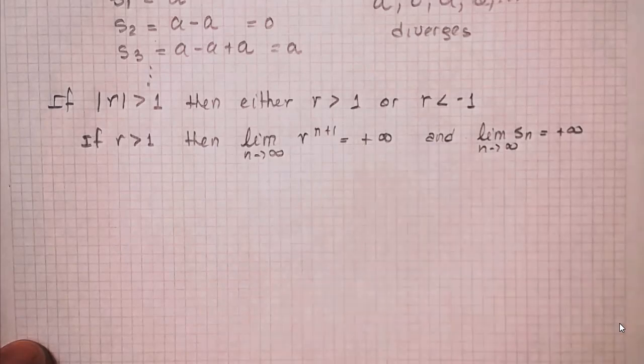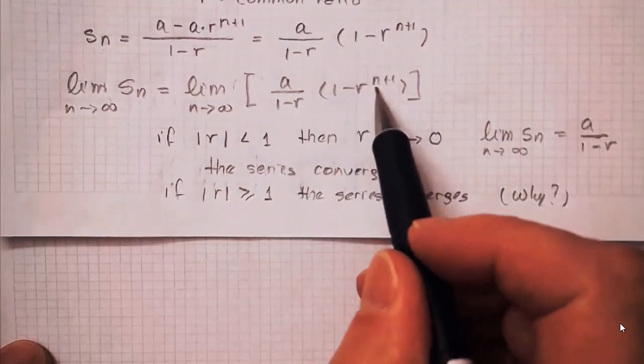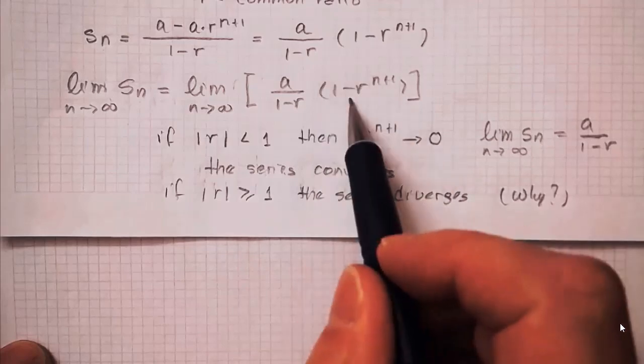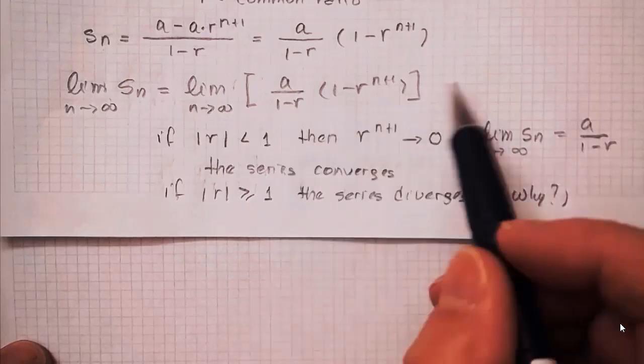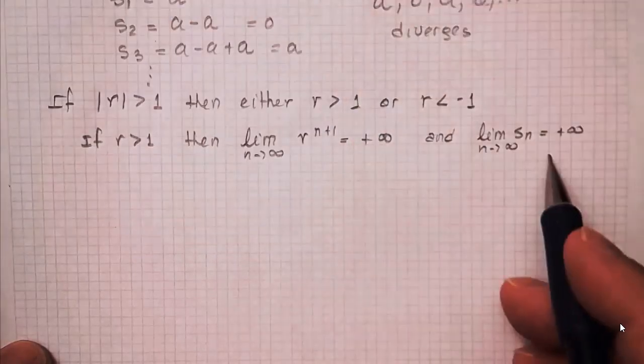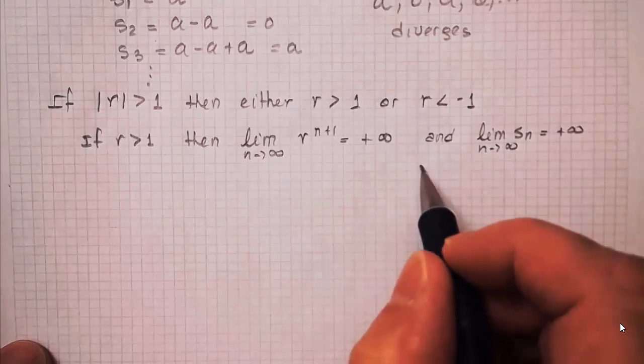And therefore, the limit of s sub n, which we said that was this, if this is approaching plus infinity, all of this is going to be negative infinity. This is going to be a negative number also, so this is going to be infinity. Okay, the limit of the partial sum will be infinity, and therefore the series diverges.